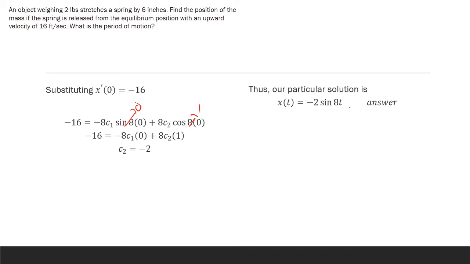So you can now describe the position of the mass at any given time using this equation. So halimbawa, at t is equal to 2 seconds, asan ang position ng x? So you just substitute this to this equation. Now, for this particular solution class, given na maglalagay ka ng value ng t, you can get different values of x.